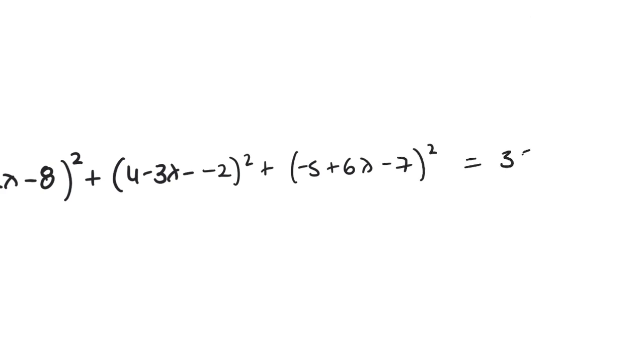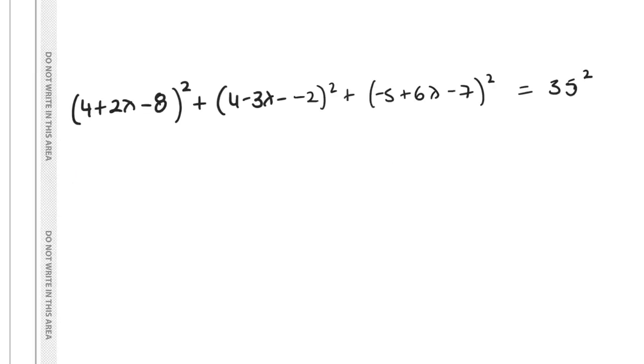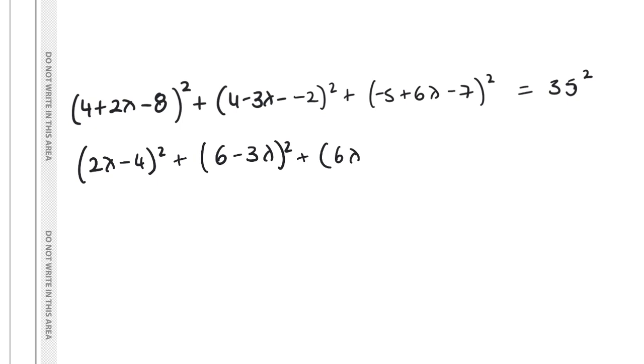This is going to equal 35. So now, using this, we can expand out all the brackets. Well, let's just sort this out. So we're going to get 2 lambda minus 4 squared plus 6 minus 3 lambda squared plus 6 lambda minus 12 squared equals 35. So now we can expand and simplify everything.